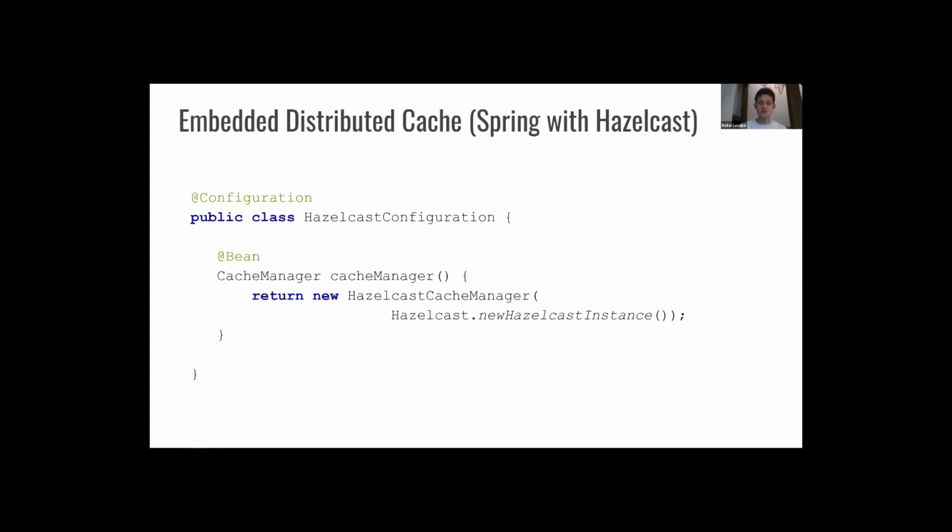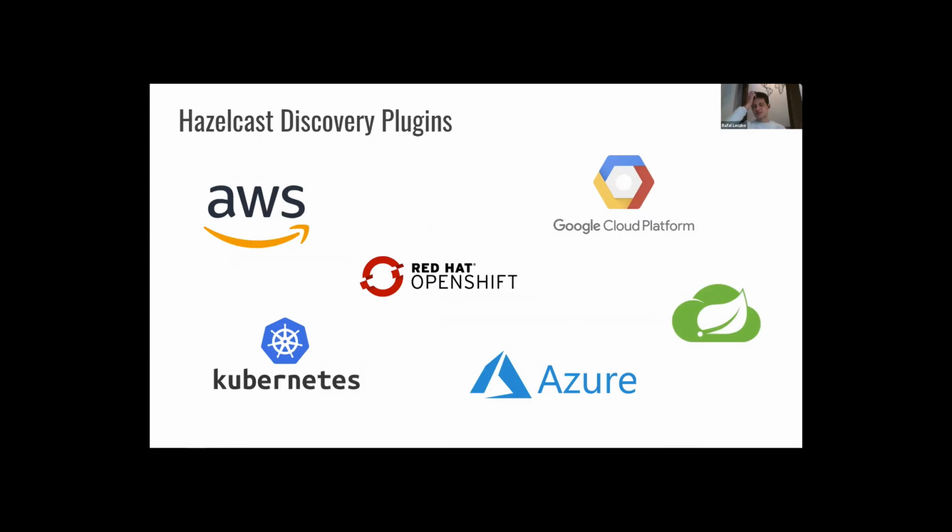Because what we did is create a bunch of plugins for each environment. If you run in the cloud, on AWS, we have an AWS plugin. If you run on Kubernetes, it uses the Kubernetes plugin, and this plugin uses the Kubernetes API to discover other Hazelcast members.